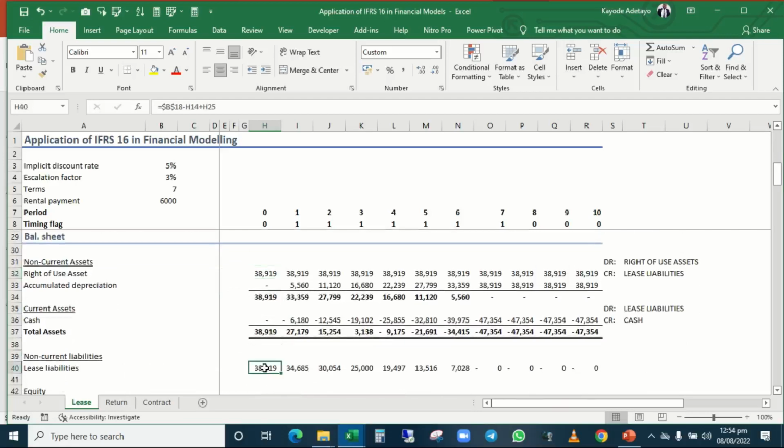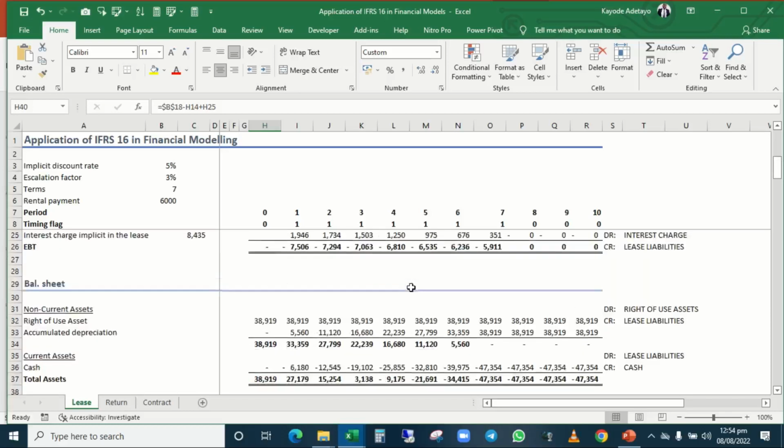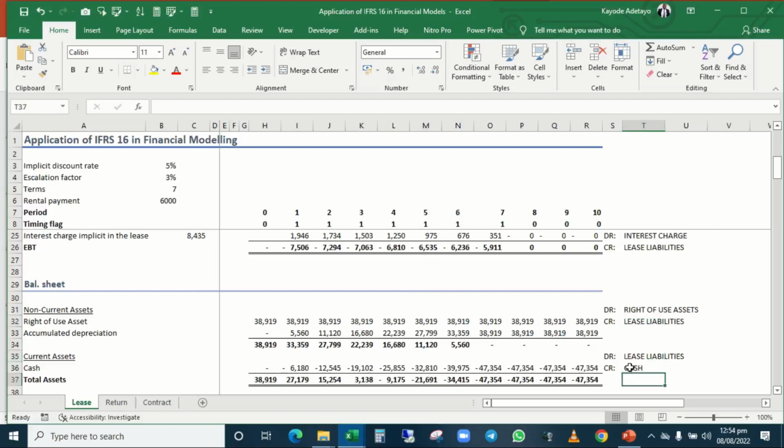Afterwards, when the payment is made, you then debit the lease liability in order to reduce it, and credit cash, where the company is the lessee and is making payment on the lease.